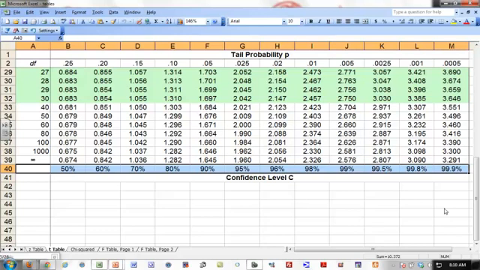But the t-table also works in the other direction, meaning we have something up here on the top row, and this is why you should make sure you get your probability tables out now. I'll wait for you to get them out.